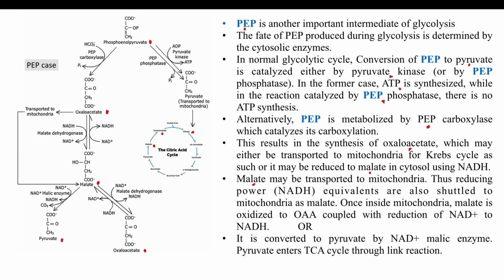What I want to tell you is that all these steps are interconnected. Why? Because if you want Krebs to run, you should have an ample supply of OA, malate, fumarate. But suppose you take away malate from Krebs cycle to form pyruvate, then this compound becomes less.